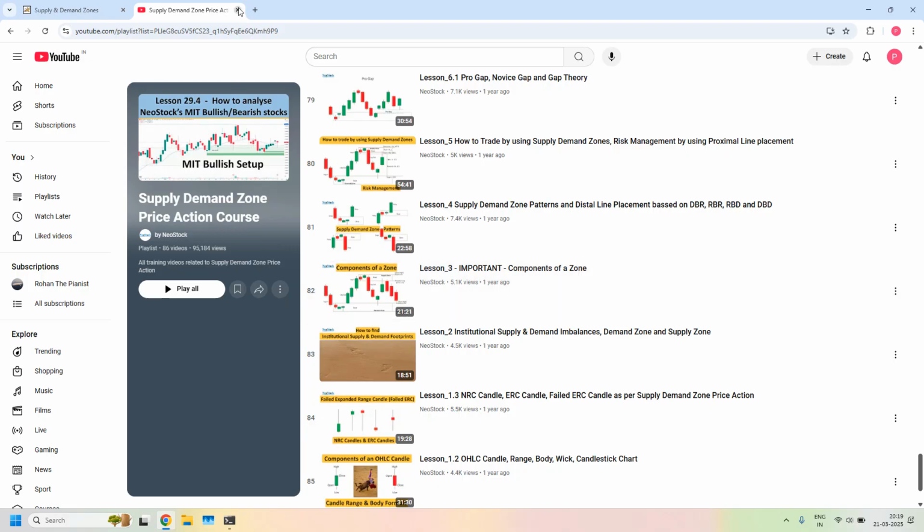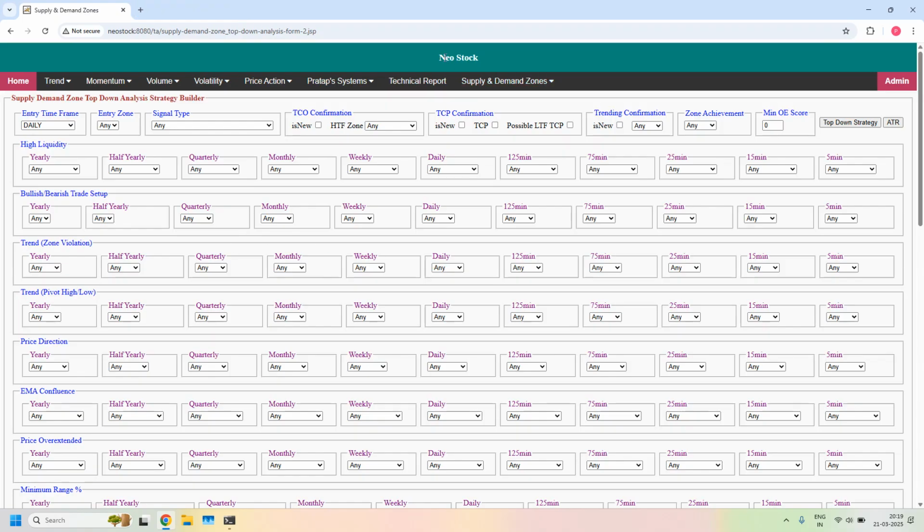Now we are getting into NeoStock Software Supply Demand Zone Top-Down Analysis Strategy Builder. With this we are going to find different supply demand zone reports. First we are going to find the stocks near and inside demand and supply zones.